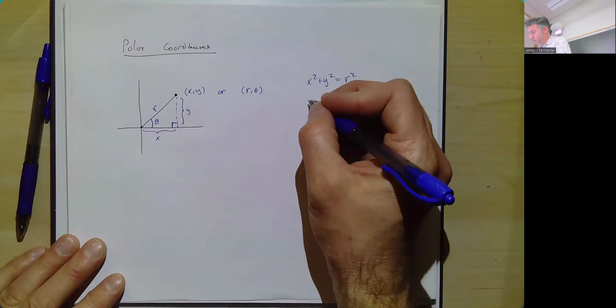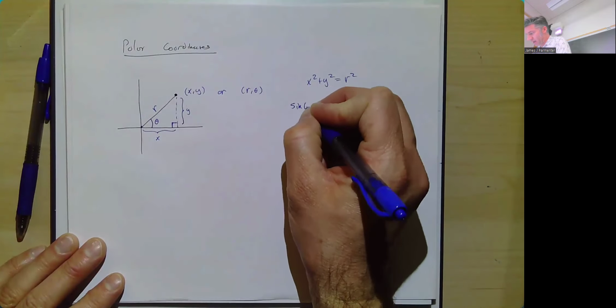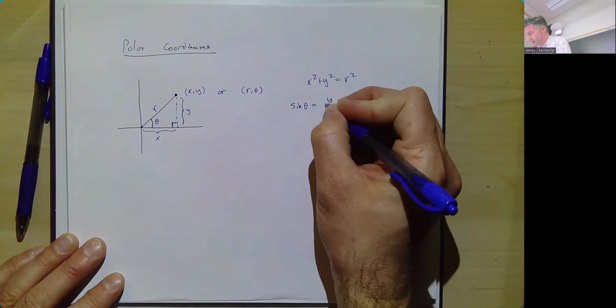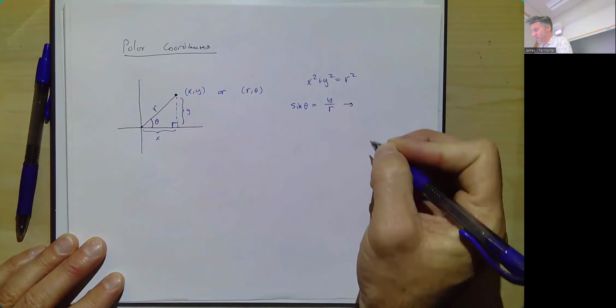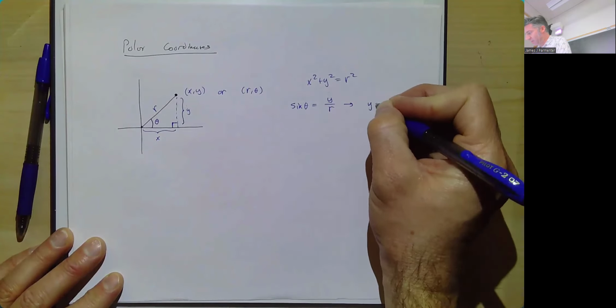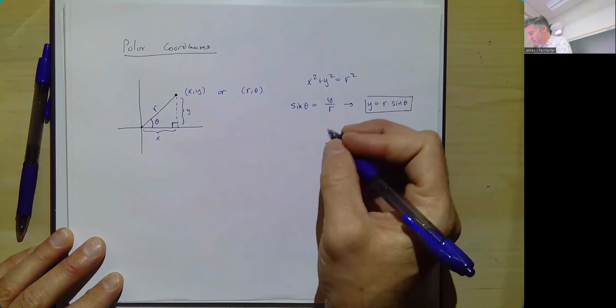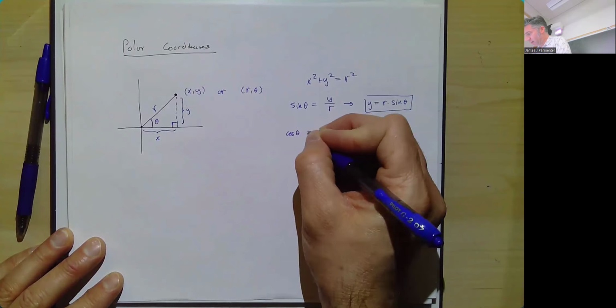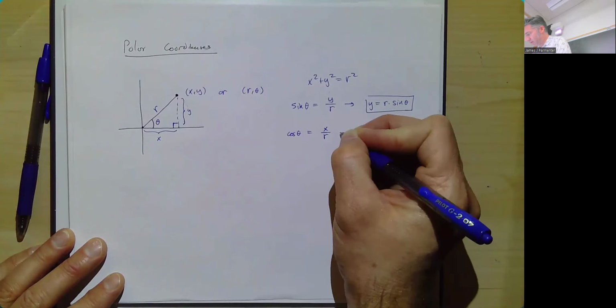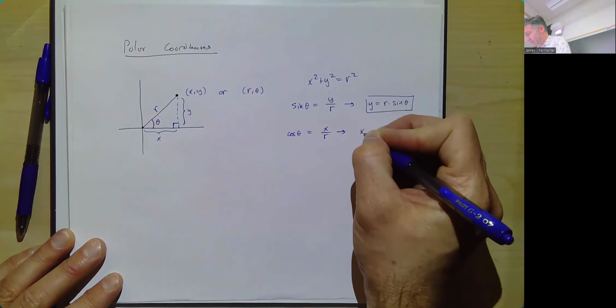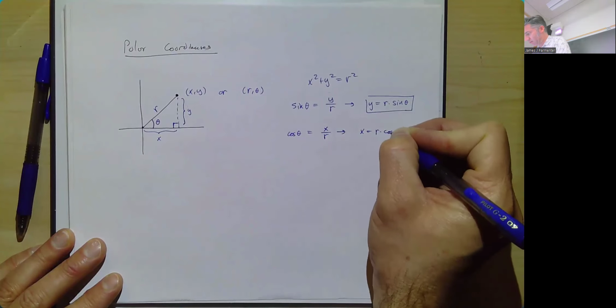Sine of theta is equal to opposite divided by hypotenuse, but we usually rewrite that as y equals r times sine of theta. Similarly, cosine of theta is adjacent over hypotenuse, but we rewrite that as x equals r times cosine of theta.